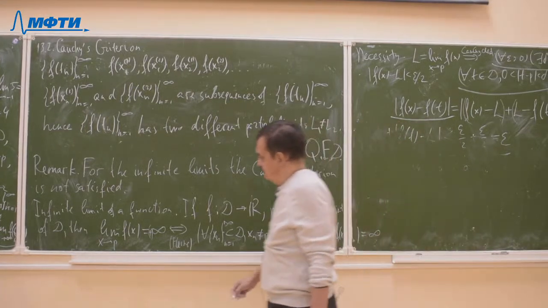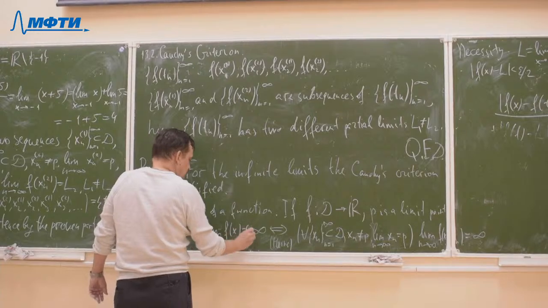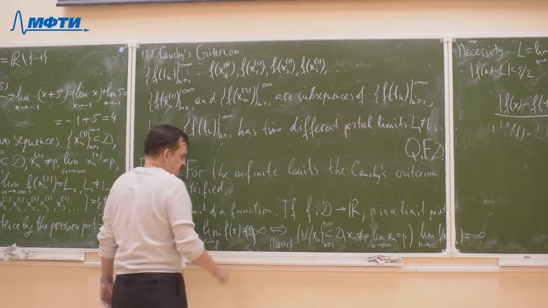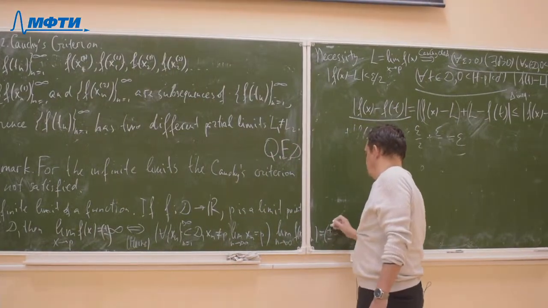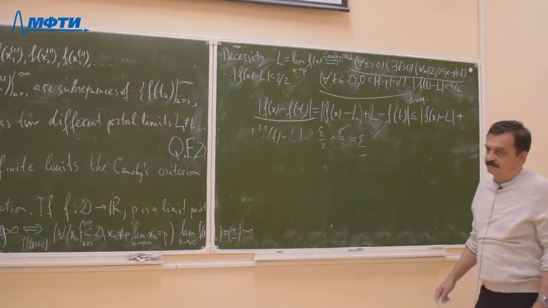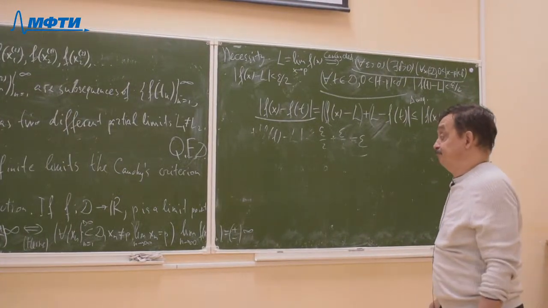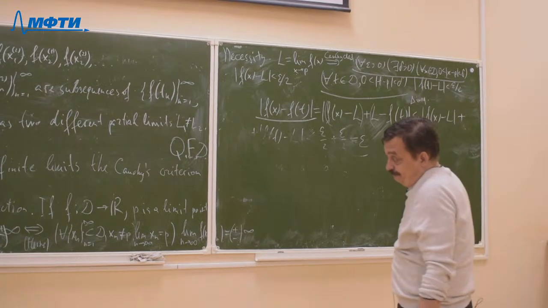And of course, we can write plus or minus infinity, similar for minus infinity. So the Heine definition is clear.